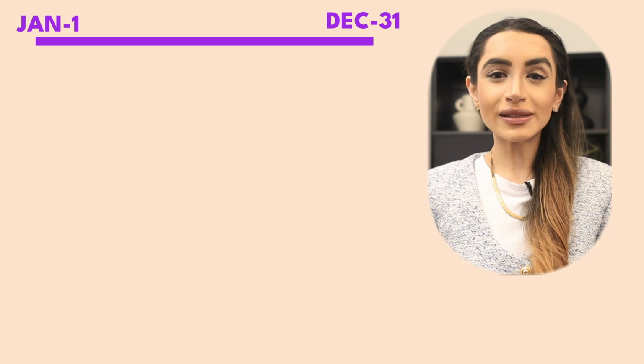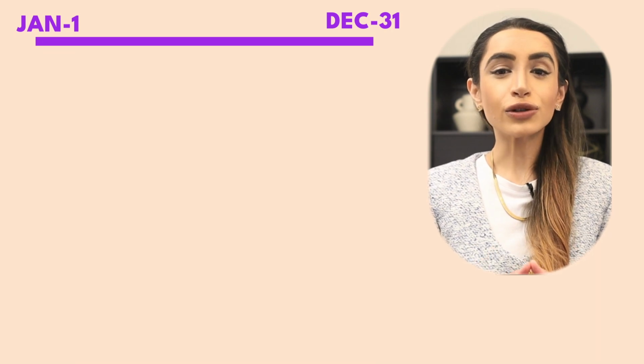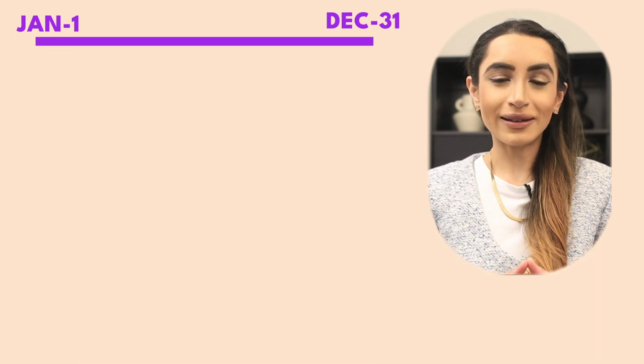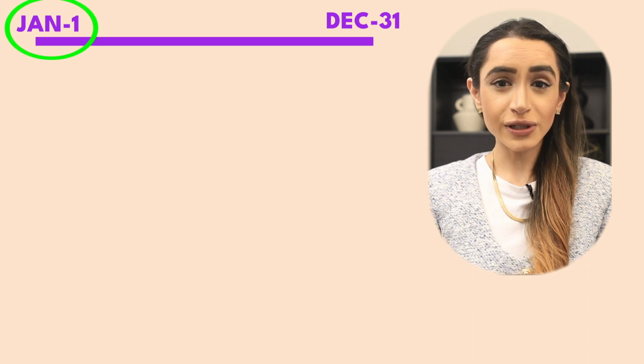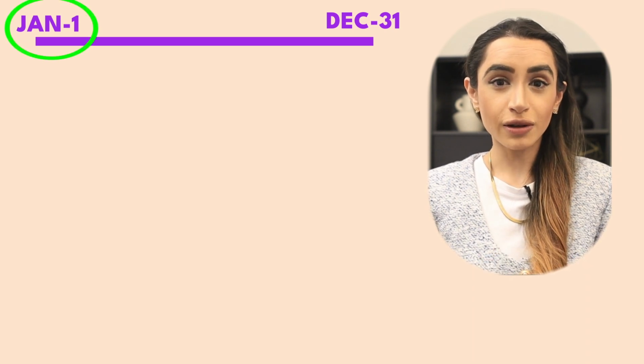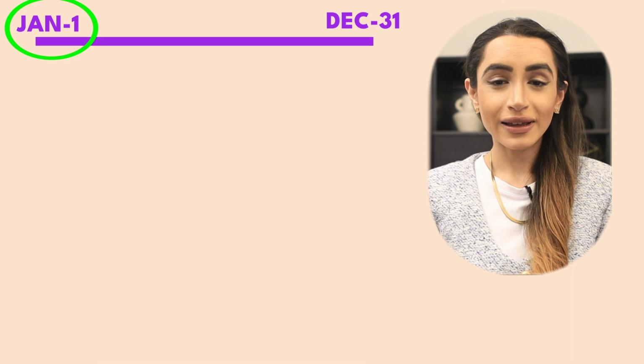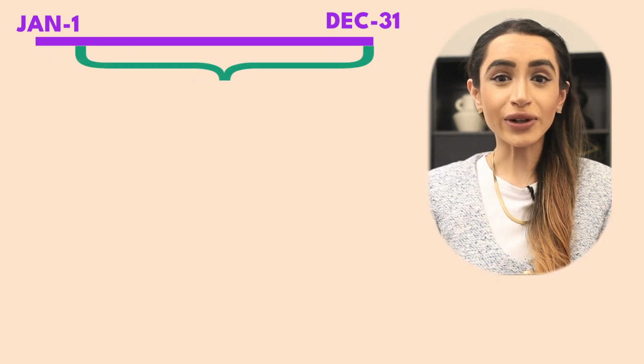There are 2 points in time to calculate your TFSA contribution limit. The first is at the start of the year on January 1st. The second is during the year.